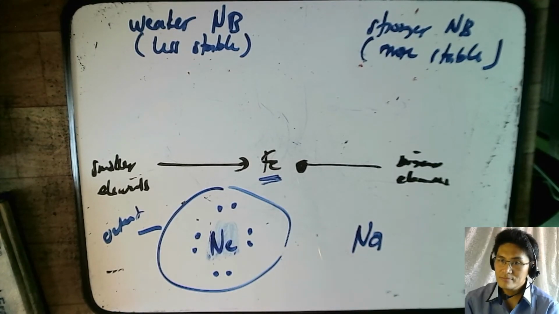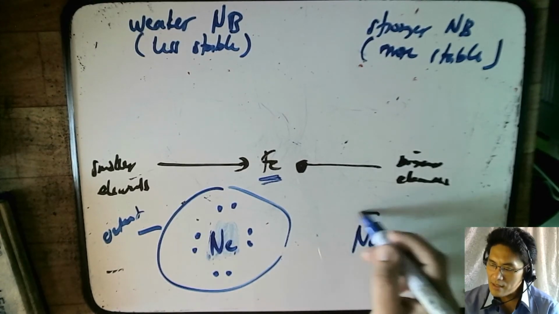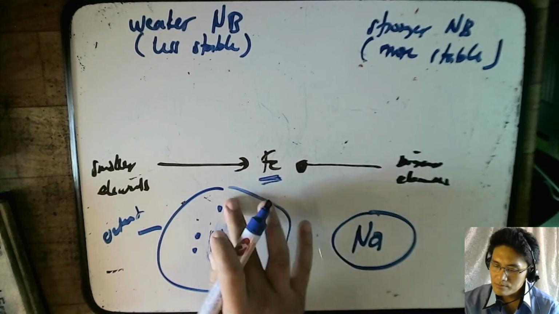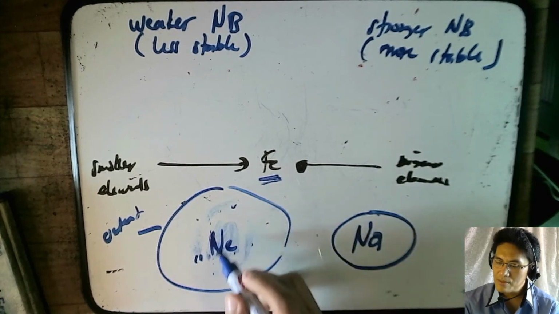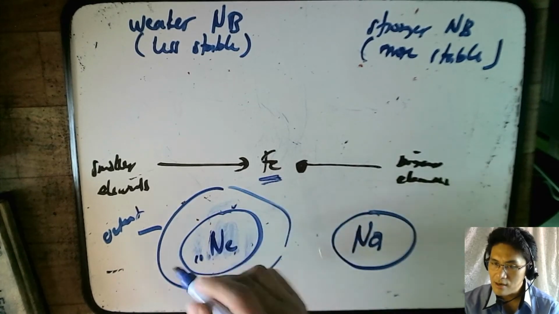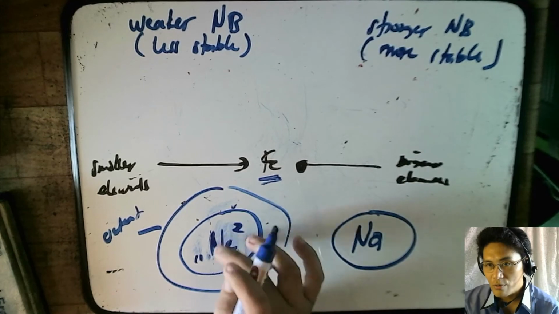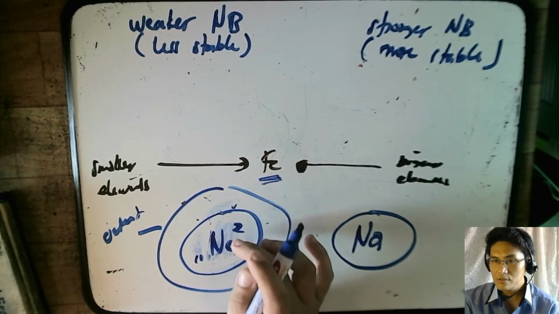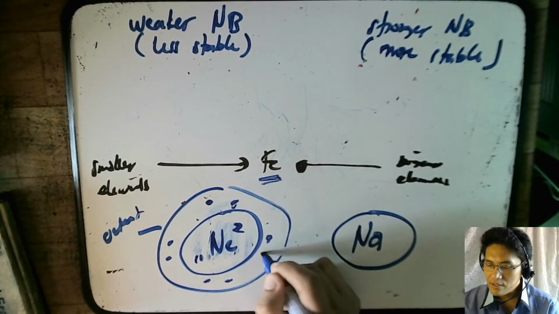Neon is element number 10. So in the innermost level it has 2 electrons, and then in the outermost level it has 8, and that's why it's stable.